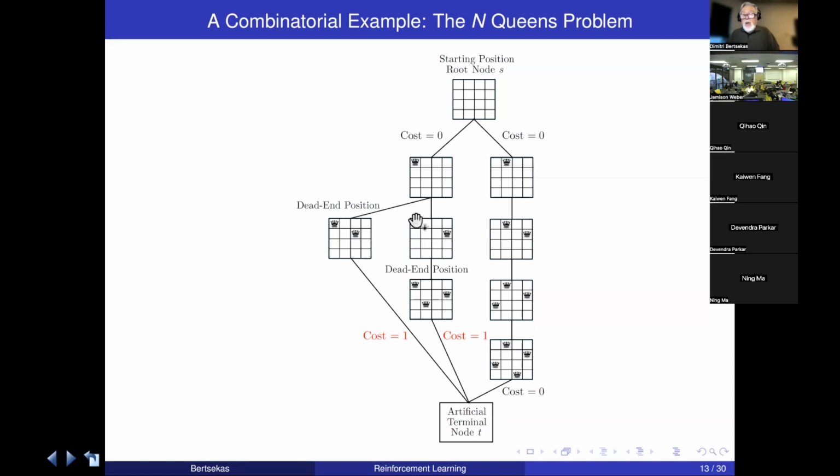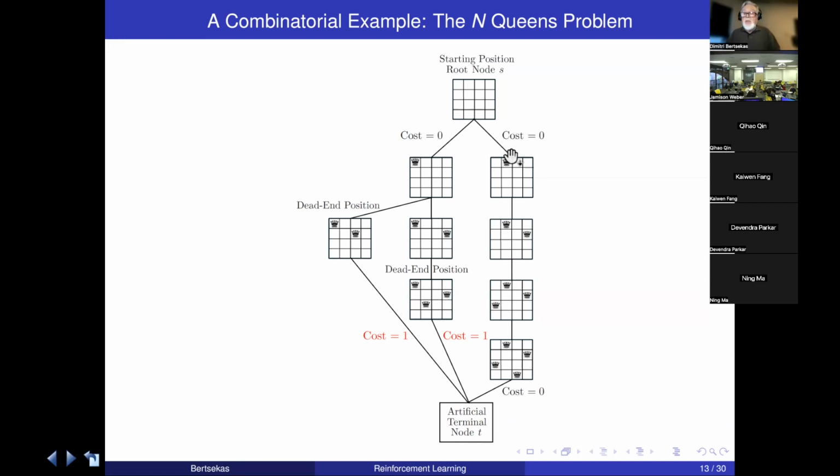We cannot place a queen over here, right? Because then there would be 2 queens that attack each other. The only possibility to place queens without attacking the other queen is to put these 2. And from here, we can place a 3rd queen. From here, we cannot place a 3rd queen, but this is a dead-end position also. And with cost 1, we go to the termination state.